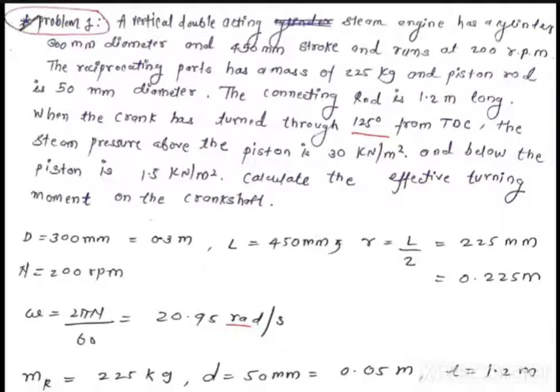So tell me, how will the stroke be acting, downward stroke or upward stroke? Anybody? The crank has turned through 125 degrees from TDC, so the piston moves from TDC to BDC. Is it upward stroke or downward stroke? Downward. So you will take the weight as positive or negative as per our theory.